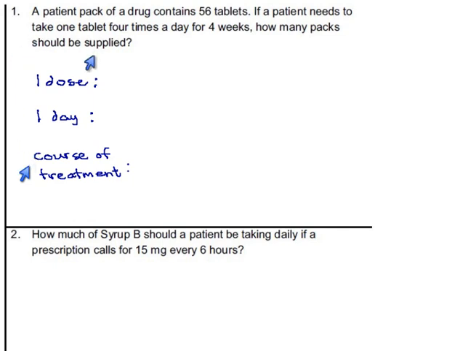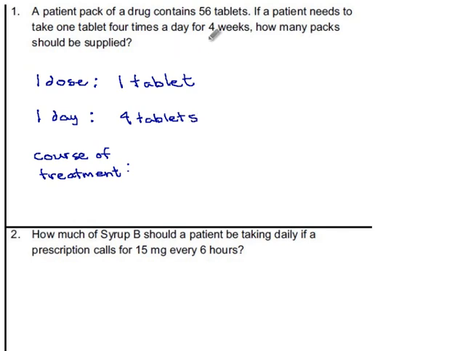Let's see what happens with that here, where we've got 1 tablet. This is the dose, 1 tablet. They don't say how big the tablets are, but every time you take this stuff, you take 1 tablet. You're supposed to do that 4 times in a day, so multiply this by 4, and you get that you're going to go through 4 tablets in a day.